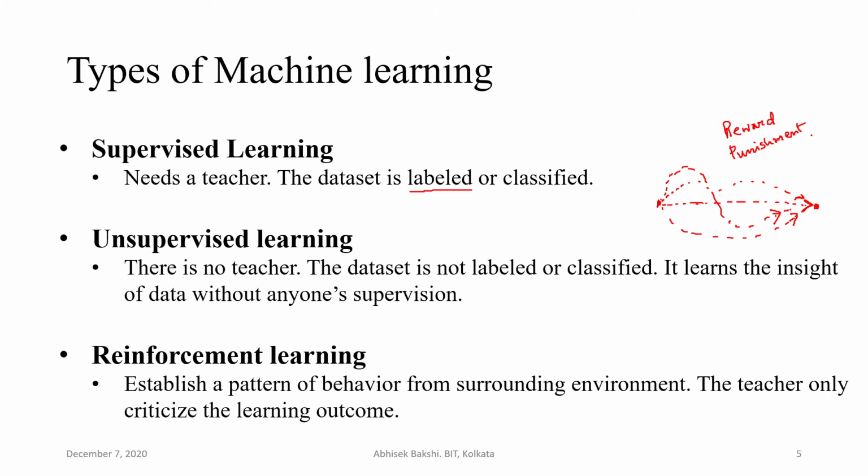Actually, the child has to execute many tries, so that finally, with various points, the child will ultimately find the best path to go from one point to another point that will lead to maximum reward. Take one more example, a very small example.